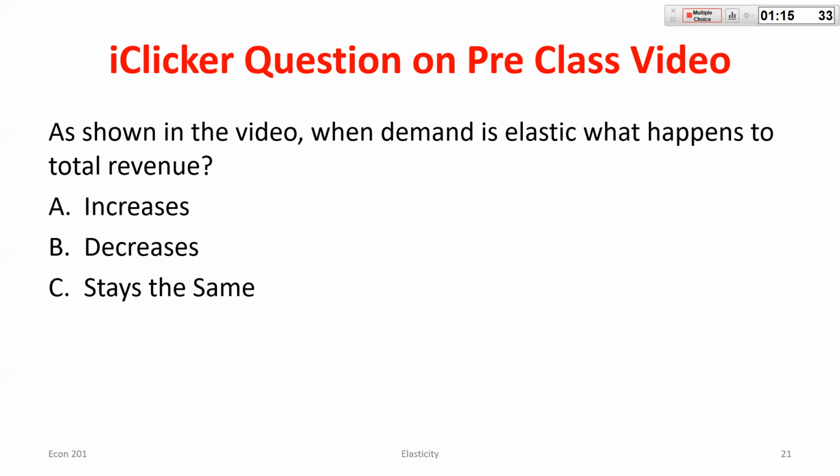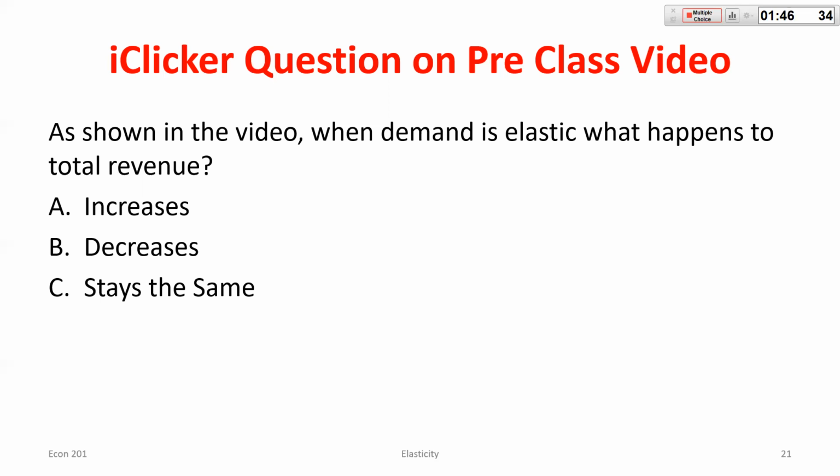So if I see that, think about it this way. This isn't mathematically a perfect way to look at it, but I think the intuition will help. Let's say I see a 10% decrease in price. So that's going to lower my total revenues. If demand is elastic, what do I know the percentage change in quantity is going to be? I don't know the exact number, but demand is elastic.